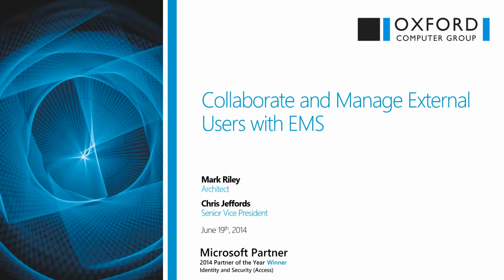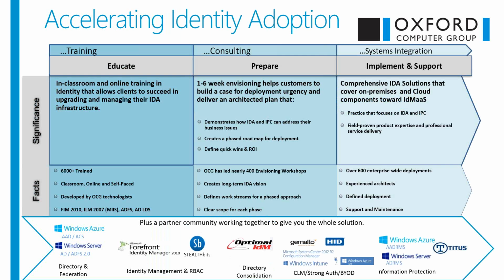Very good. Thanks. Oxford Computer Group is a systems integrator and educator. We focus specifically on identity and access management solutions within the Microsoft solution stack. So you can see here our primary lines of business.